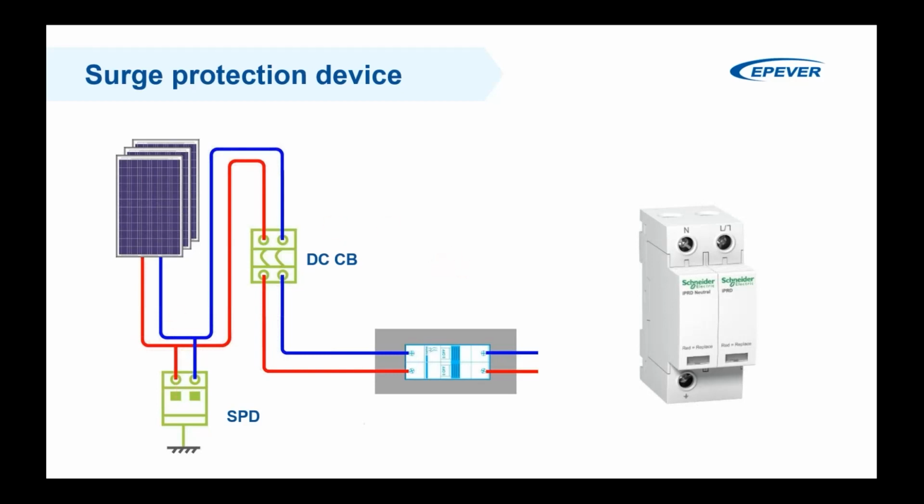So, for example, if you have two clouds and you have your solar panel here, then a direct current flow from a cloud to your solar system can provide these high transients.